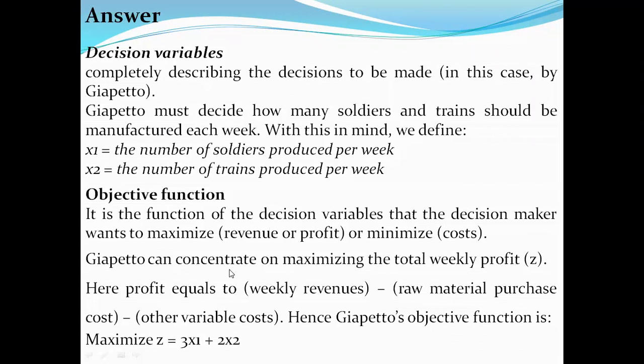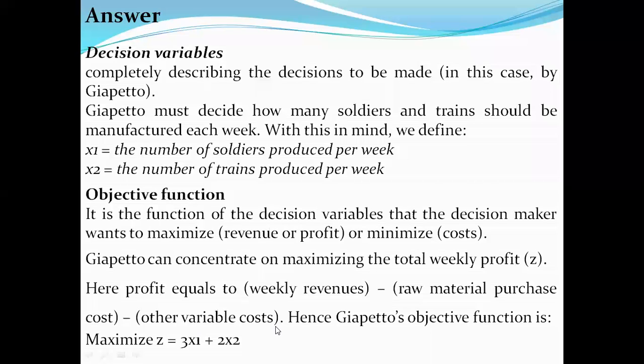And as per Giapetto, upon maximizing, we have a formula for equating this Z, nothing but maximum profit gain. Z equals profit, which equals the weekly revenues minus the raw materials cost and other variables.